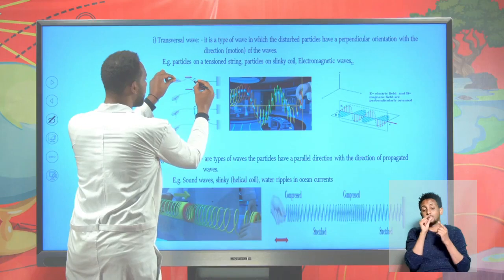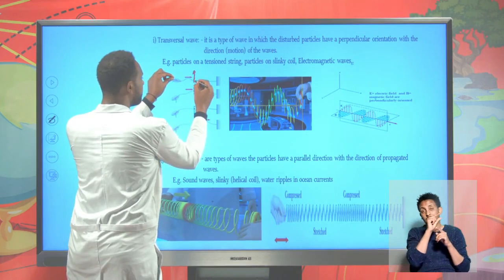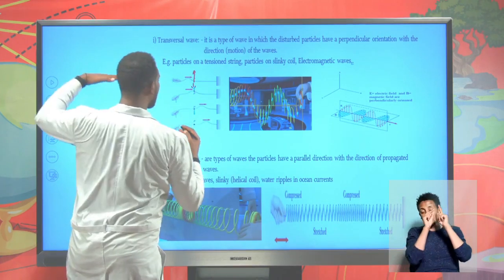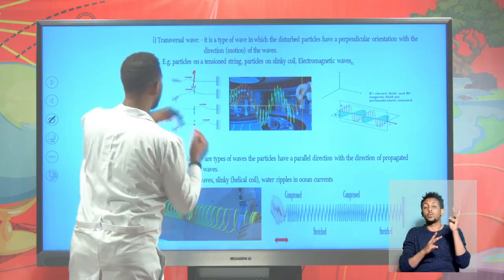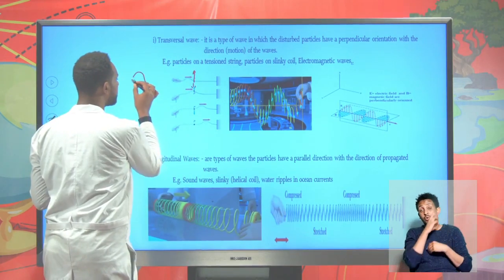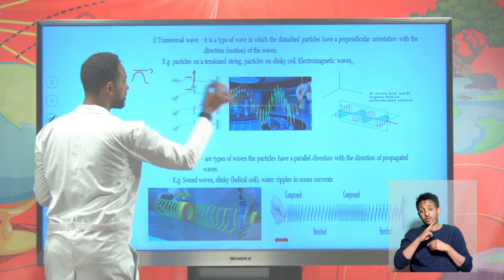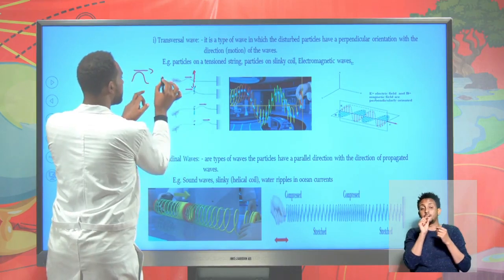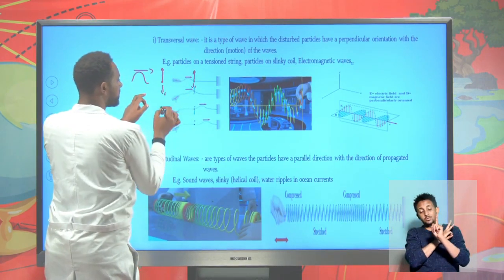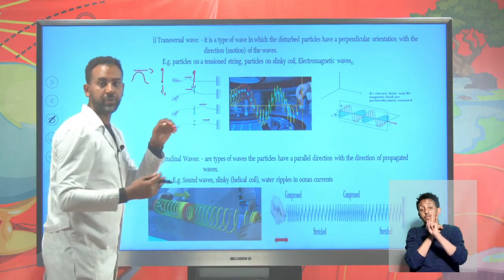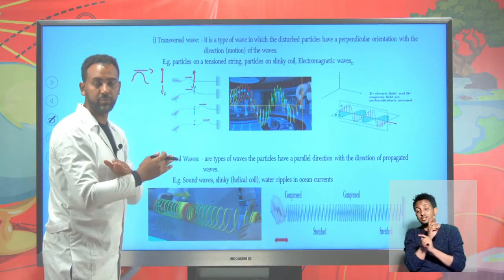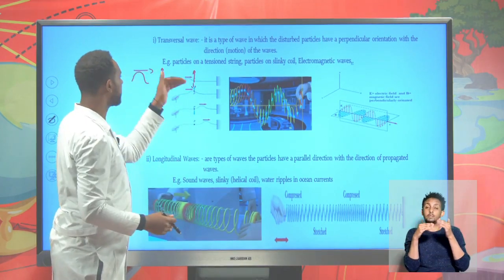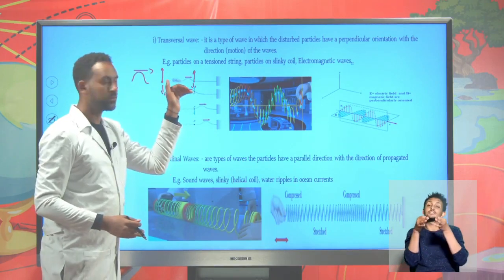The particle here, call it P, moves upward and downward, whereas the wave is moving to the right. So the wave direction and the particle direction are mutually perpendicular. Such a wave is known as a transverse wave. Okay?